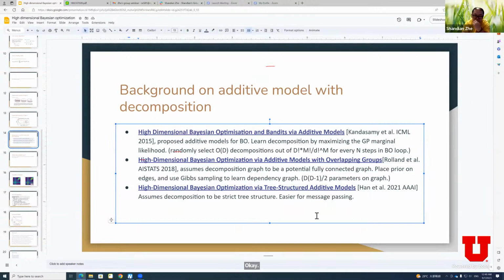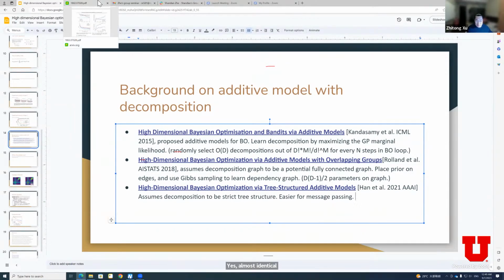Well, how about this third one? Is it also learning a tree structure? Yeah, it's almost identical, but right now they only focus on a strictly tree structure. How do you restrict your sampling to form a tree structure?